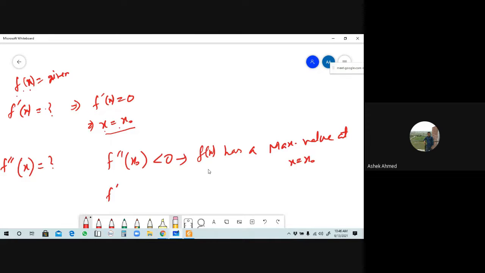And if the value of f double prime of x naught is greater than 0, then you can say that f of x has a minimum value at the point x equals x naught. Understand? This is the concept for finding the maximum or minimum value of a function.